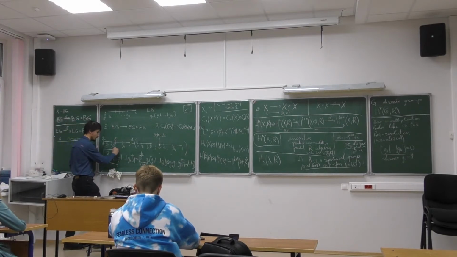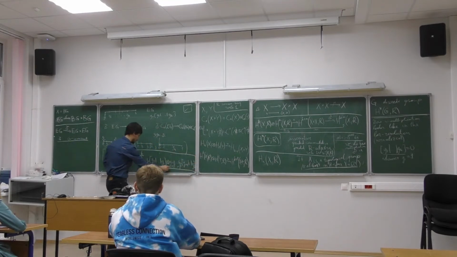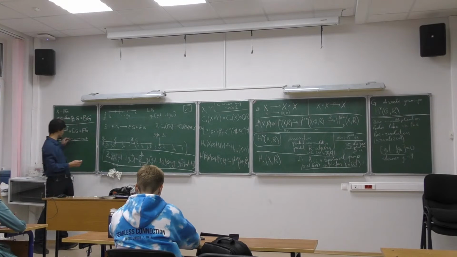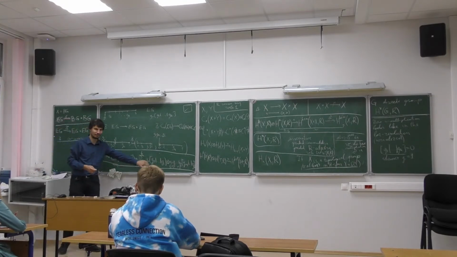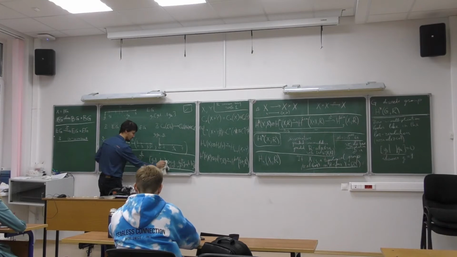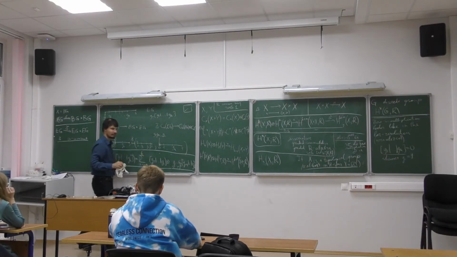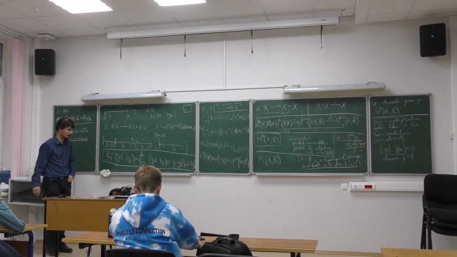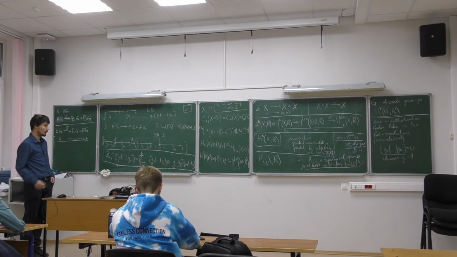Usually this formula is written without g0. Since we know that it is G-invariant, it is enough to write a result for g0 equals 1. So usually in handbooks you can meet this formula, and it is completely enough to know when we know that it is G-invariant. Well, we have such a nice formula.